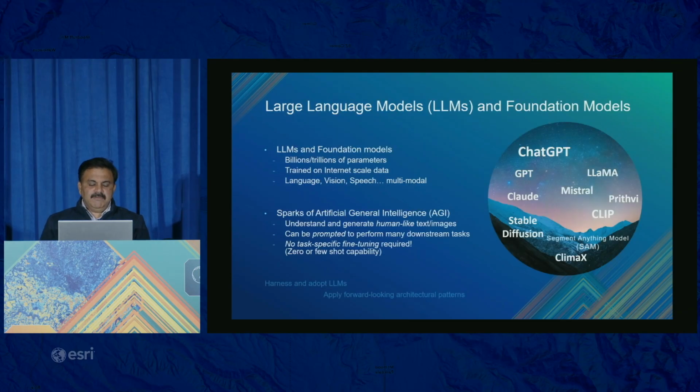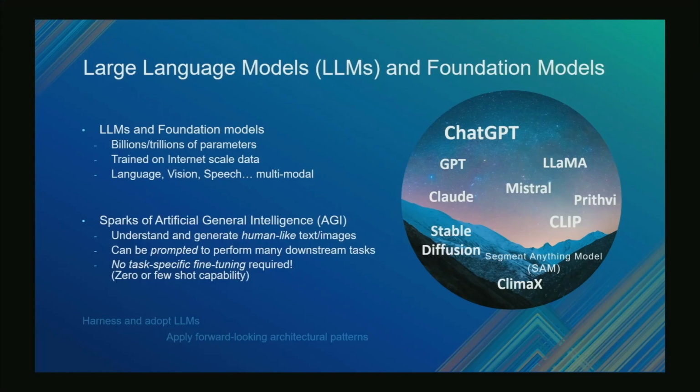So we've now seen the emergence of large language models and foundation models, starting with the release of ChatGPT that really changed everything about AI, like how it was perceived, how it worked. So broadly, it was fundamentally different from the prior generation of models in the sense that these models are huge compared to the prior generation of models.